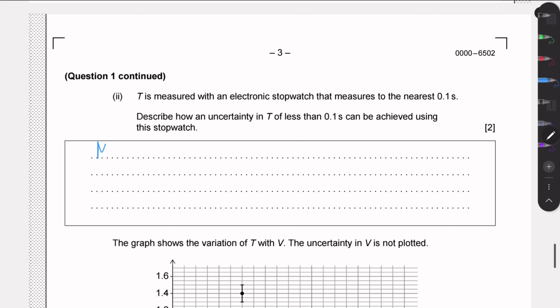So what we could say is to measure time for many bounces. And what we will have to do is divide by the number of bounces we measured so that we end up with the time needed for one bounce.